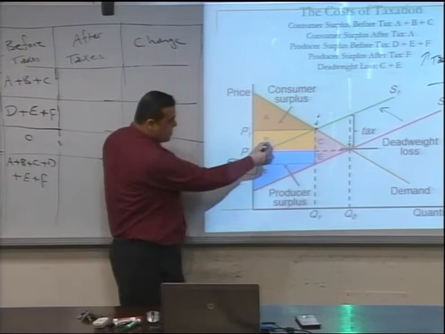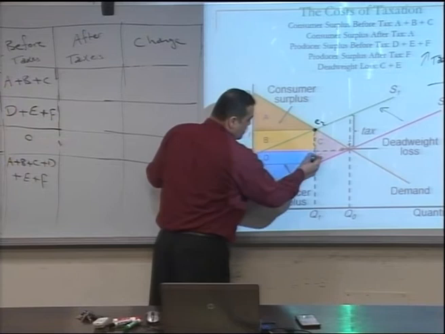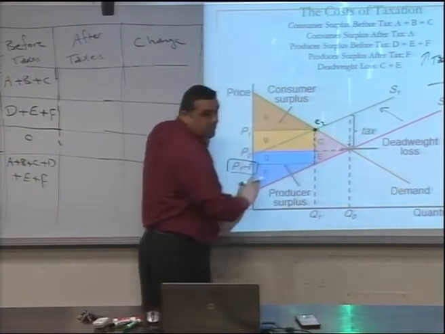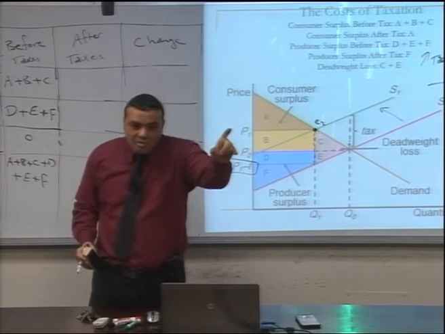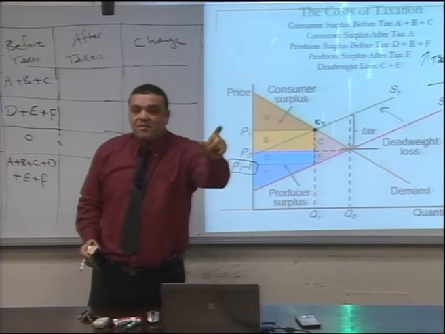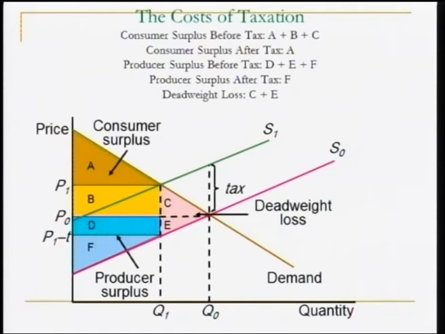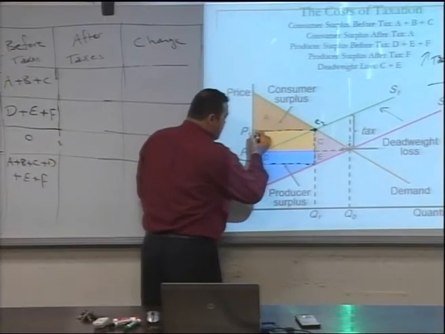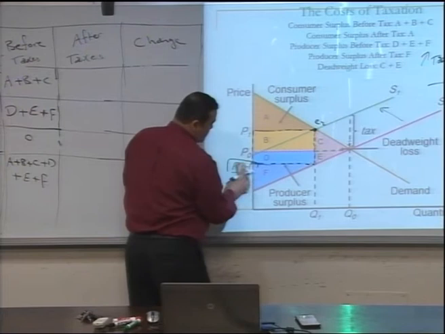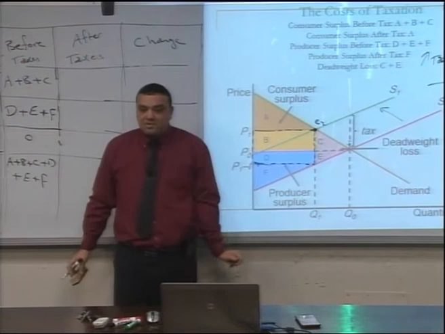Here, we can take a vertical distance from E2 to the original supply curve to determine the value of taxes, or the government revenue of tax. This area here, this rectangle, represents the government revenue of tax.